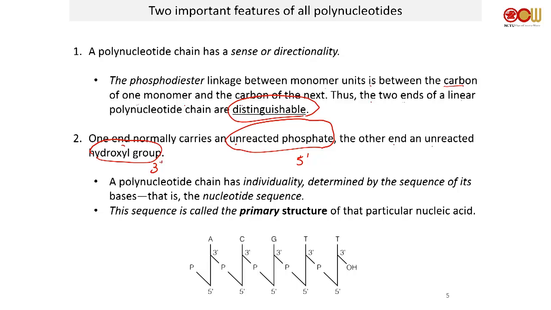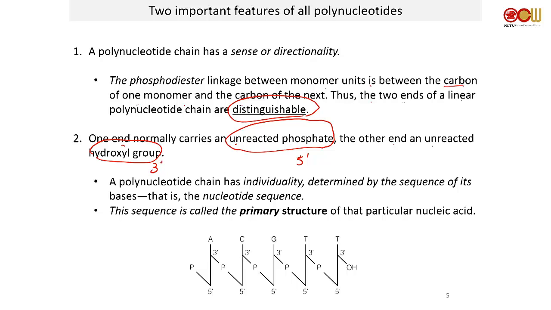And a polynucleotide chain has individuality determined by the sequence of its bases, because every monomer of your DNA could be a choice of A, T, C, or G. That's the individuality. If you have a 10-mer DNA, all A's is different from all G's, so they're different things.